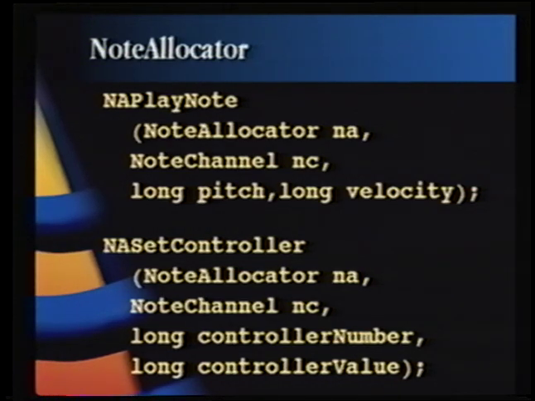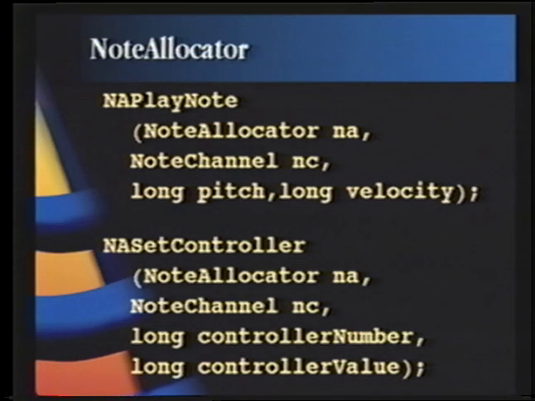Set controller is used to adjust various continuous ranges of controllers on a note channel, for example, volume or pitch bend. Most of the controller numbers are the same as their MIDI counterparts. We don't treat pitch bend as a separate MIDI signal. It's controller number 32 in our case. And you pass it a fixed point number, which is 8.8, 8 binary places.